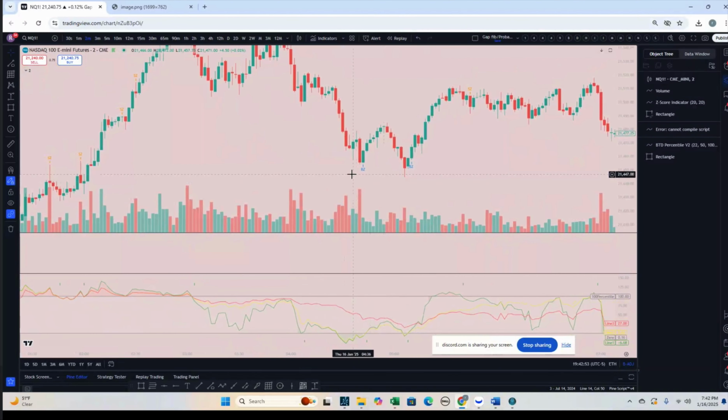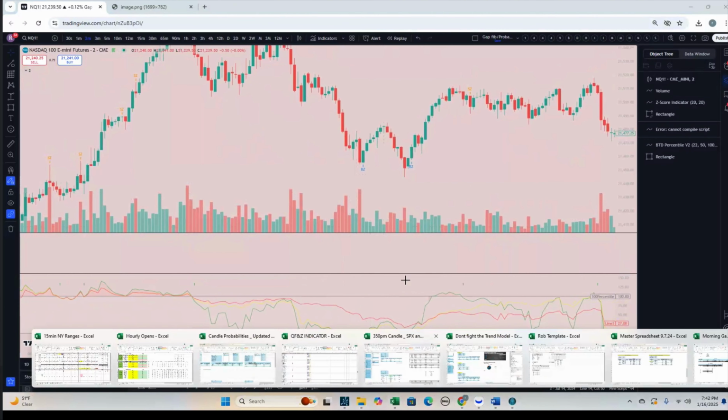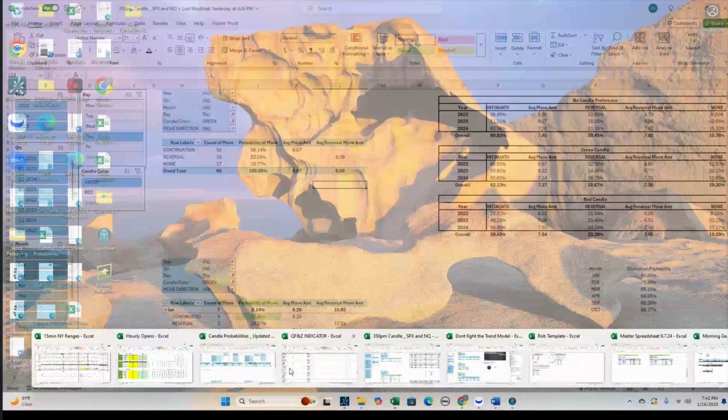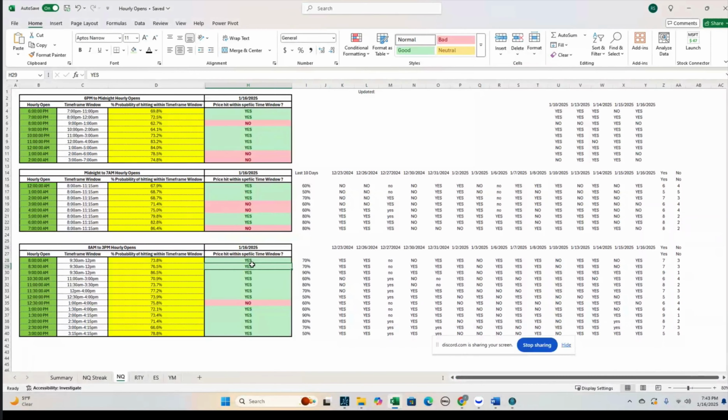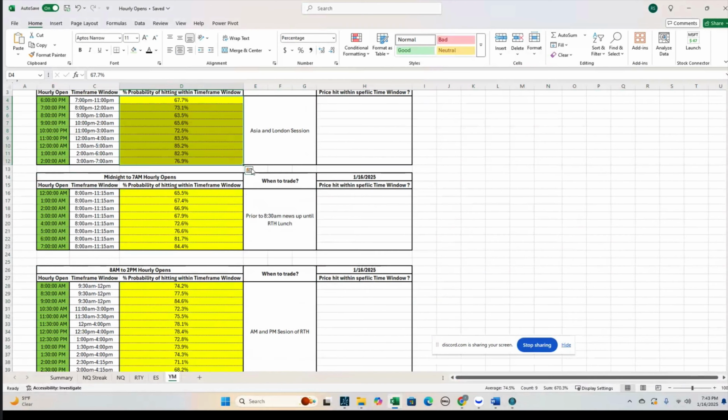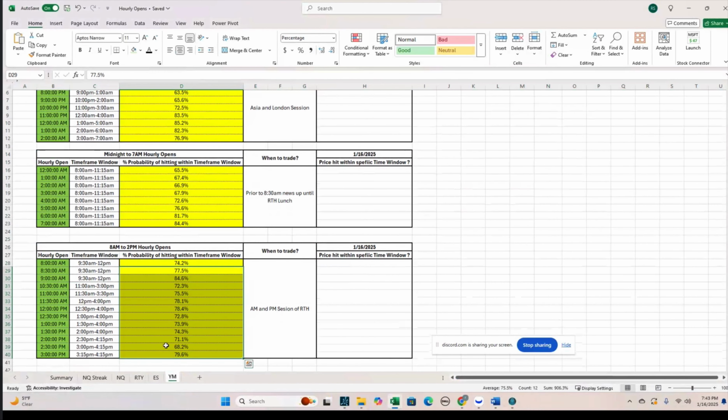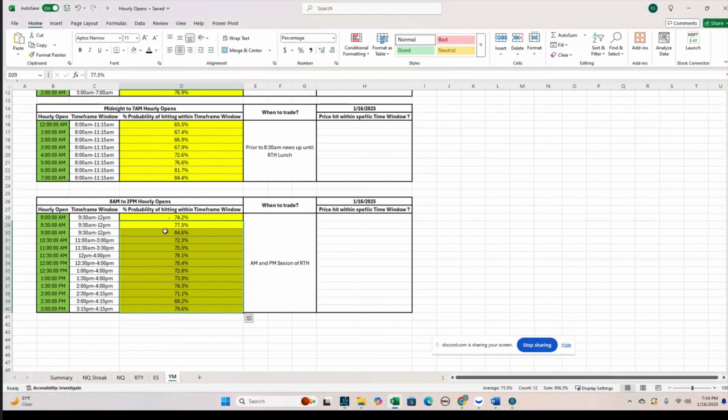Other than that, I'm a statistical trader, right? So one of the things I do is that, for instance, I look at NQ, RTY, ES, right? There are hourly opens or 30-minute openings in which we touch the open within a specific time frame at a specific strike, a specific probability over a certain amount of time.